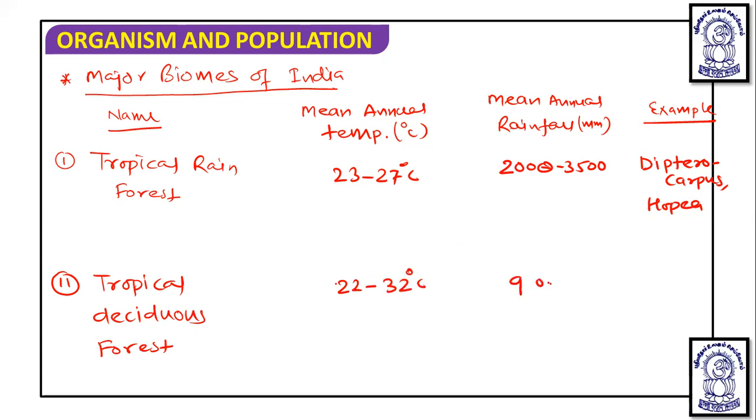And here 900 to 1600 millimeters of mean annual rainfall is seen. And here the examples are Sal, Teak, Tendu, Chironji, and Khair. These are the examples of plants here.